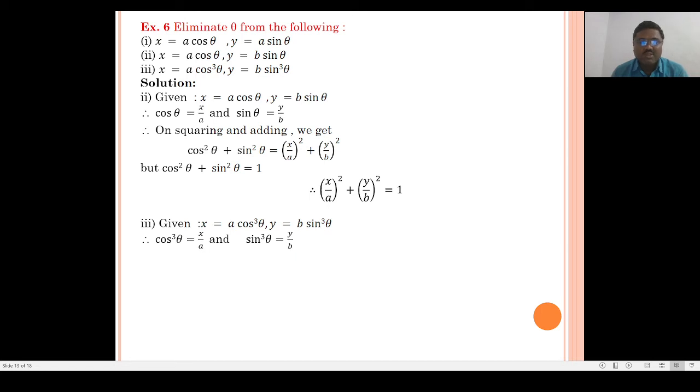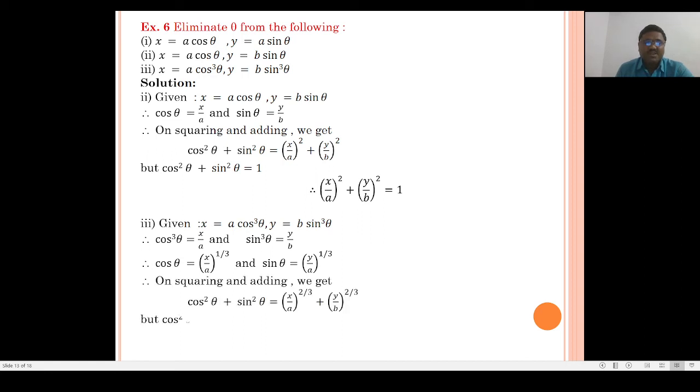So cos cube theta equals to x upon a and sin cube theta is y upon b. So taking cube root first, so we get value of cos theta and sin theta, and then we squaring and adding these two, so we get x upon a raised to 2 by 3 plus y upon b raised to 2 by 3 equals to 1.